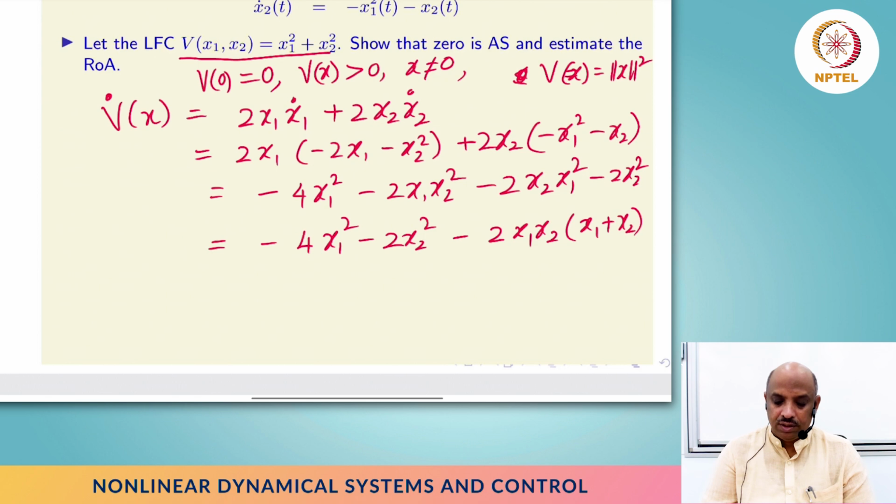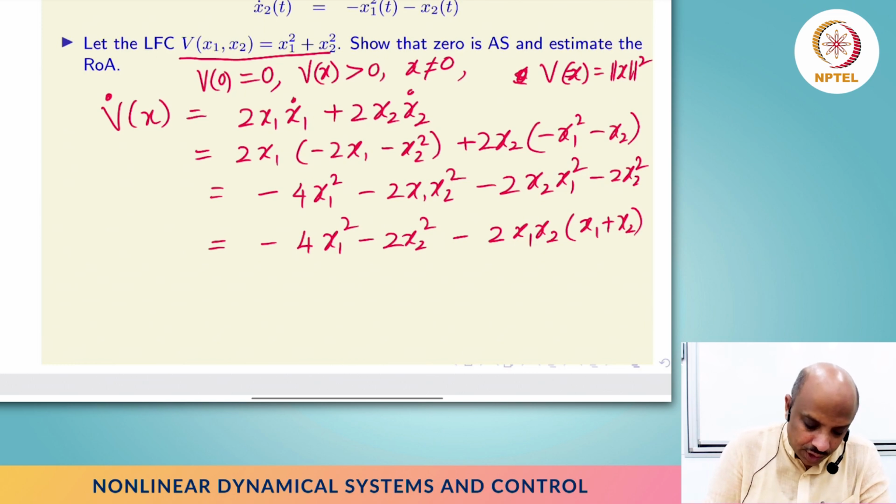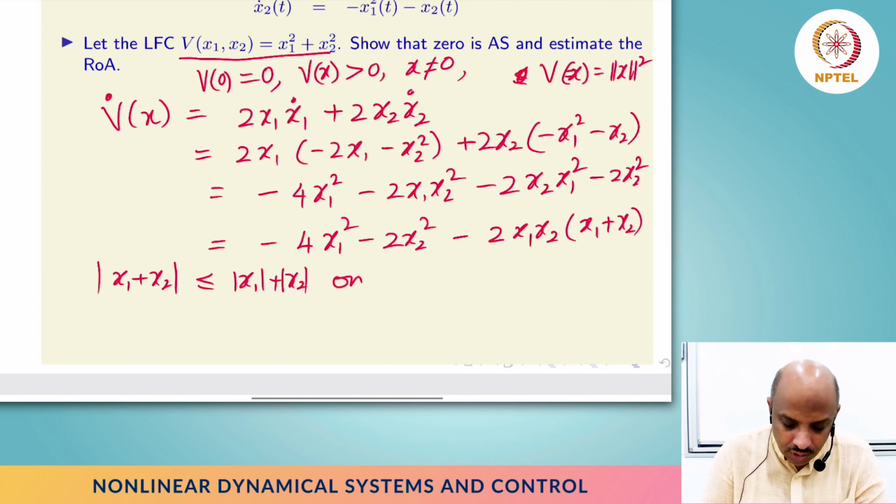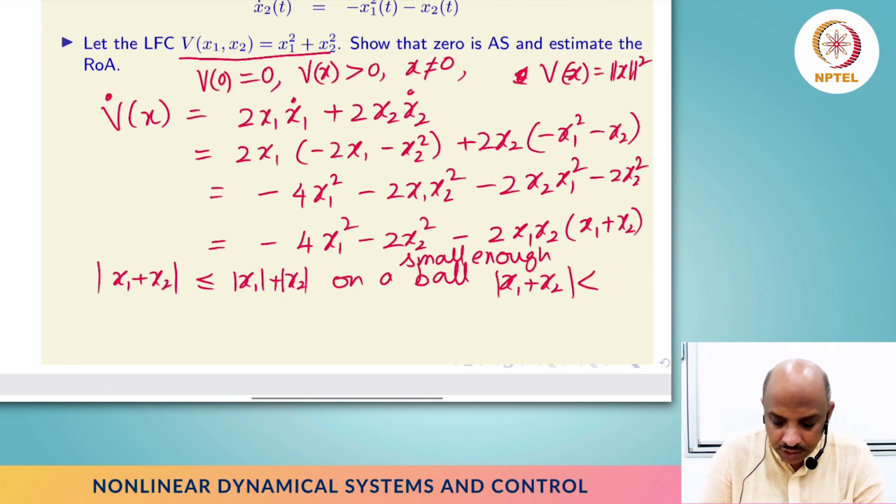But let's do the following, right? So, let's say the norm of x1 plus x2 is less than or equal to the absolute value of x1 plus the absolute value of x2, right? And on a ball small enough, we can ensure that x1 plus x2 is less than some, let's say 1.